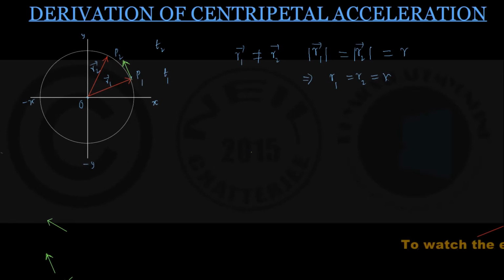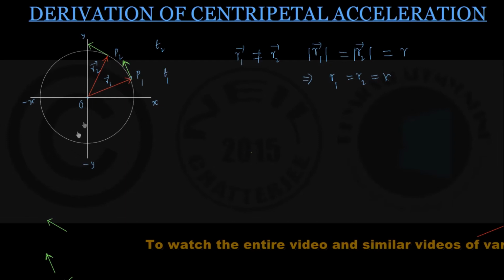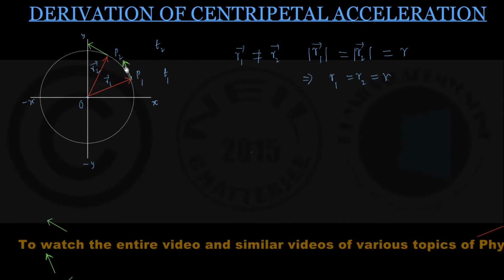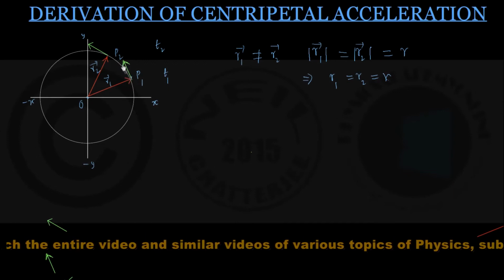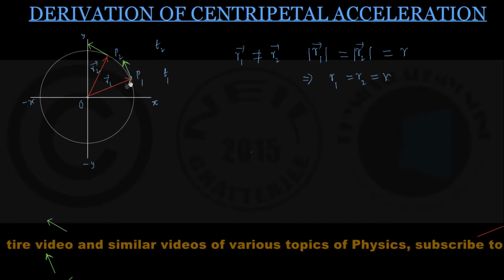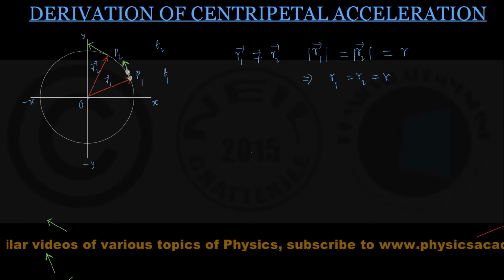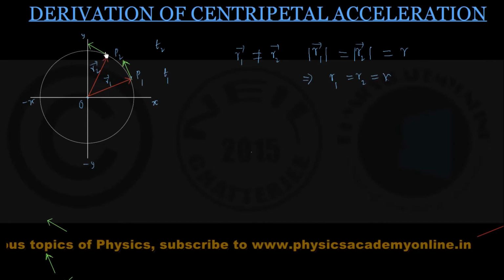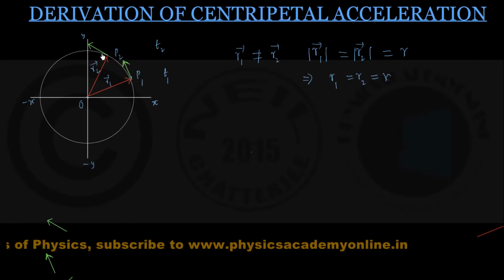And when it has gone to position P2, even though the speed has remained constant, which means the length of the green arrow remains constant, the direction has changed. As you can see, everywhere the direction of velocity is given by the tangent drawn to the circle at that point. So at P1 you draw this tangent direction, and there V1 is directed, and later it has gone to P2. There you again need to draw a tangent, and you find that the direction of the velocity vector has changed.